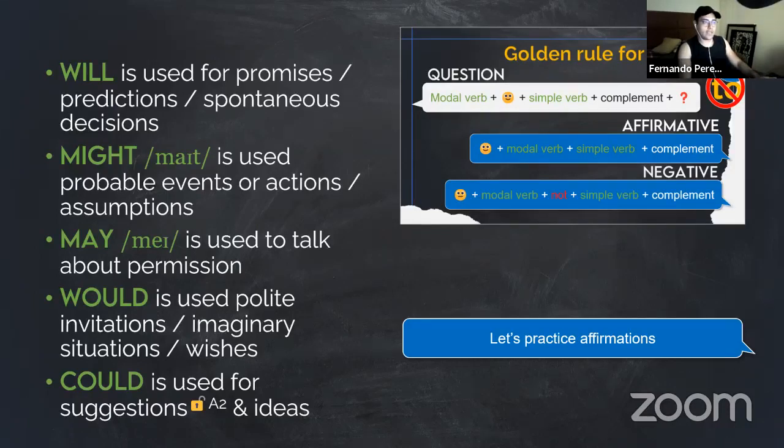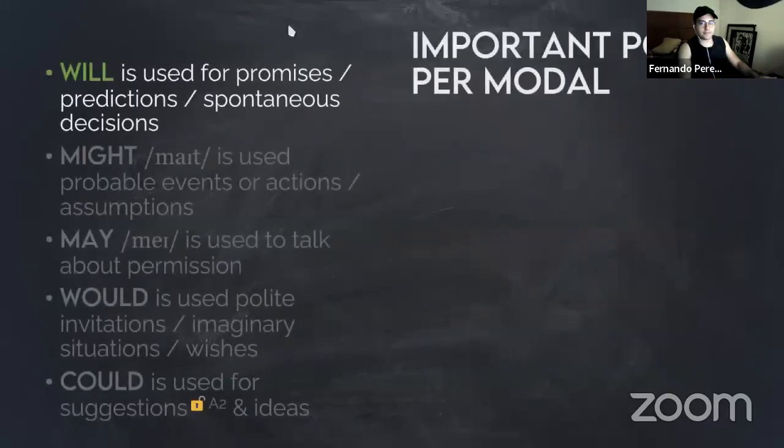Let's begin with important points per modal. For will, we know that will is for promises, predictions, and spontaneous decisions. The formula is the same, and we have no problem with it, right?